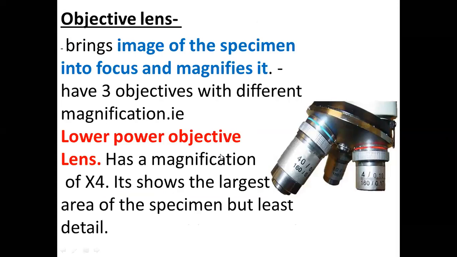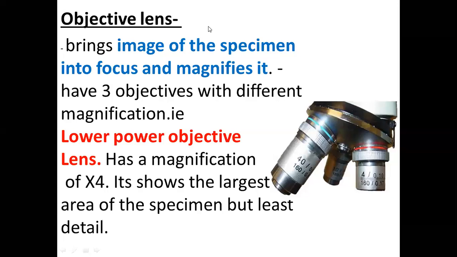There is something I would like us to take very seriously at this juncture, because it has a lot of practical implication. When you're using the lower objective lens, you are going to observe the largest area of the specimen, what we call the largest field of view.